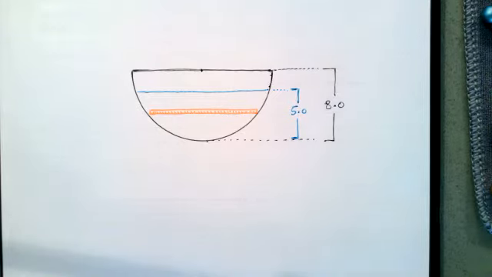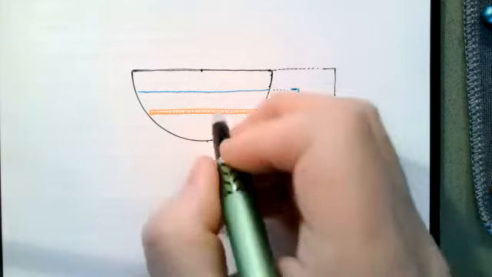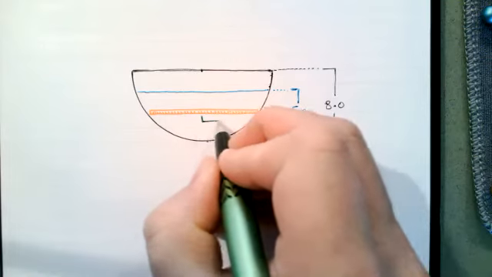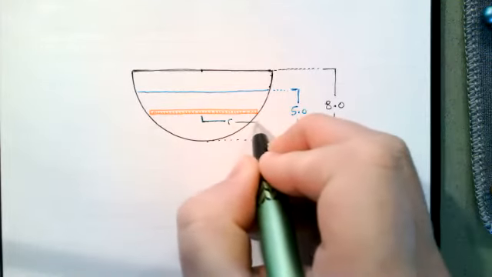So this part of the setup is the same. This is still a circle in cross section, so I still need the radius.